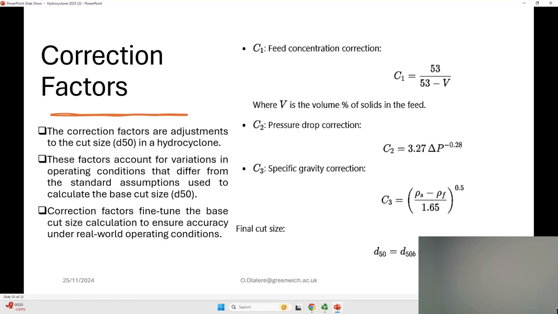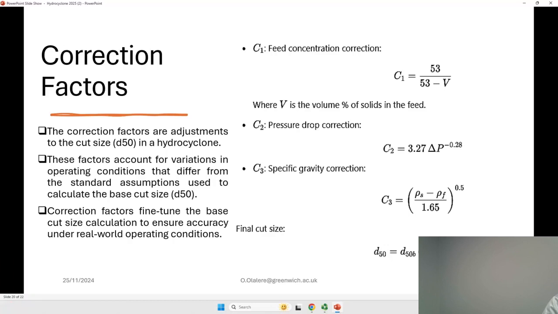It's more or less like a correction factor for you to level up with the class. The same thing is applicable to cut point size. You have a particular standard supplied to you, but you want to adapt it such that there will be accuracy. Then you add the correction factor, and there is a formula for it.